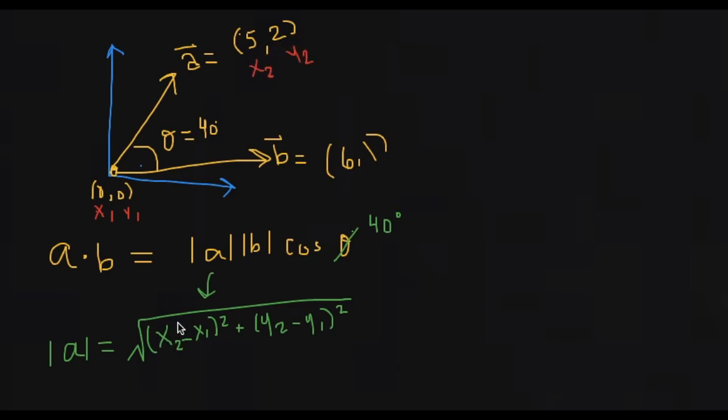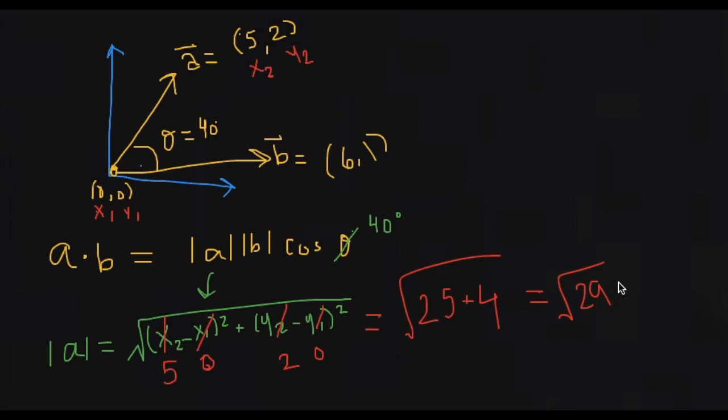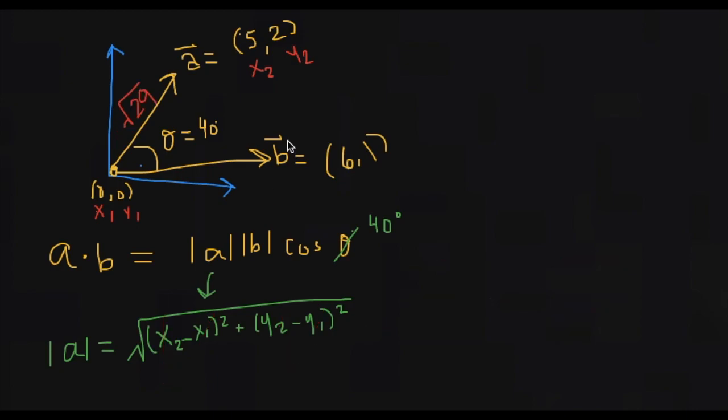Plugging these into our equation, we get the square root of 29. So that means from 0 to point A, the magnitude or length of vector A is the square root of 29.